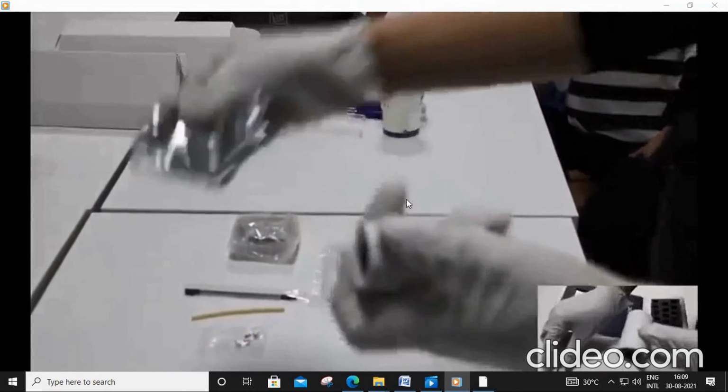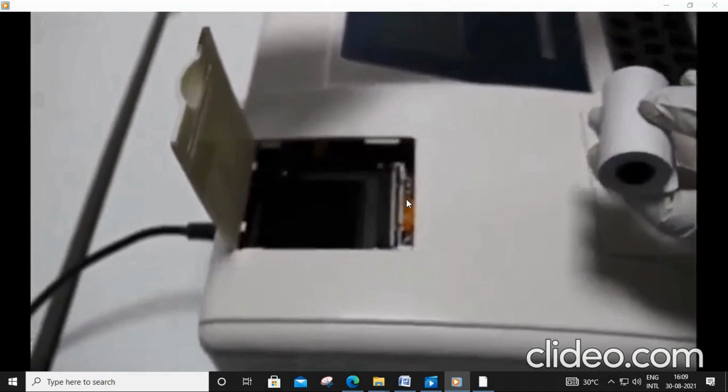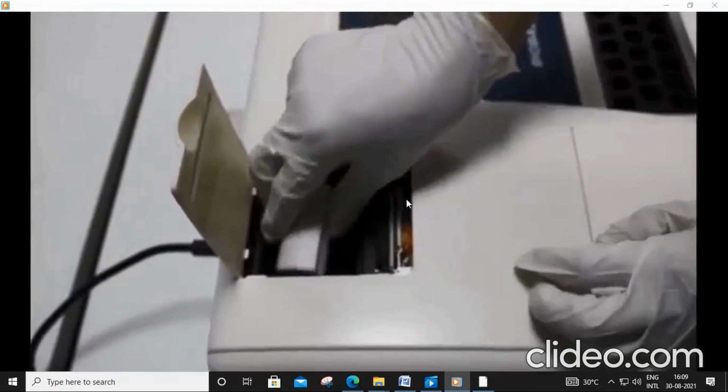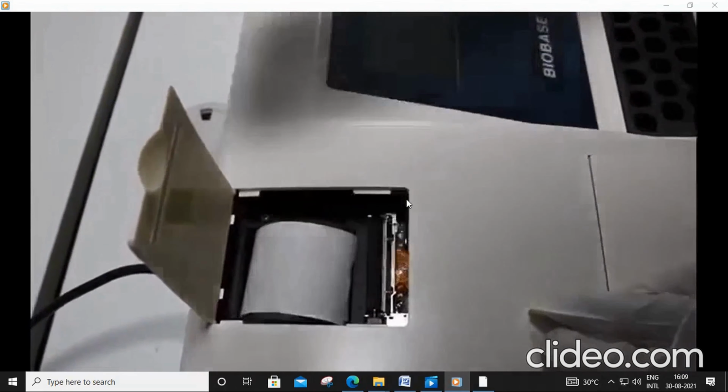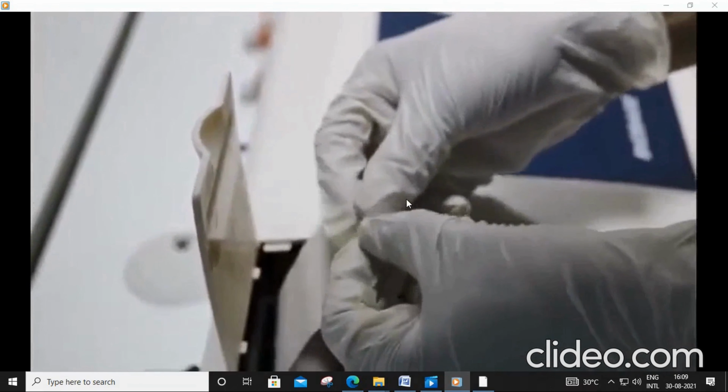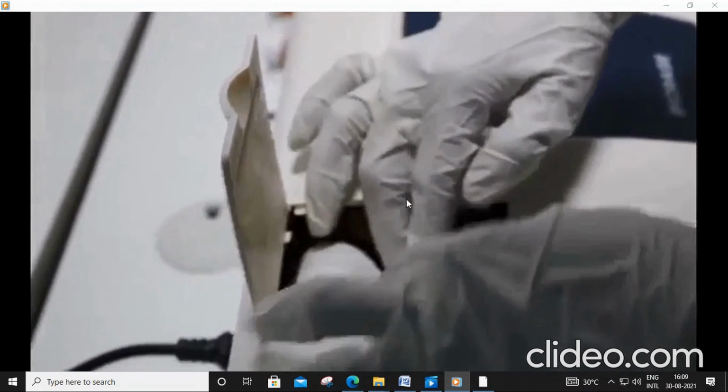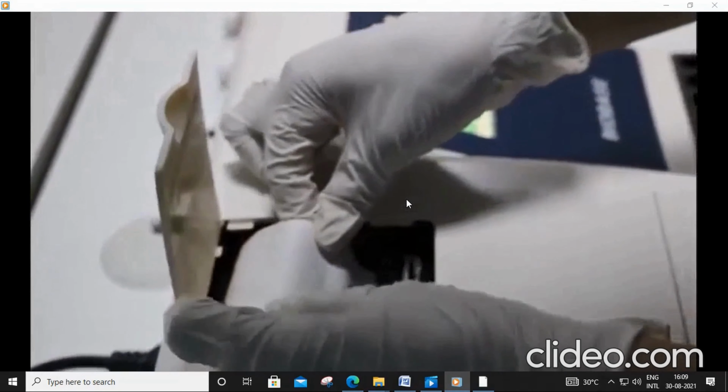It has an inbuilt printer for the reporting system. So this is how we can adjust the printer paper.